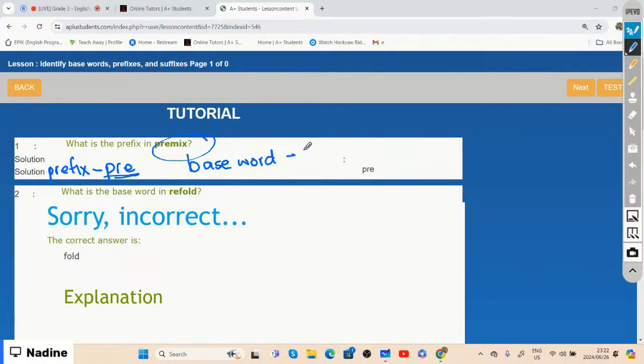Yes, our base word is a word that can stand on its own, and mix is our base word. Well done. So pre is our prefix that we added before our base word, and our base word is mix. So well done.